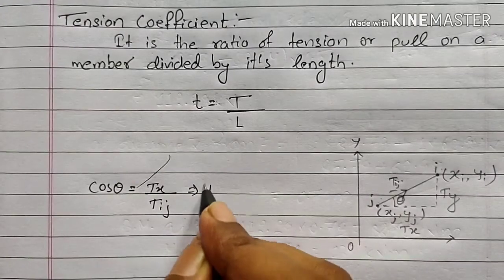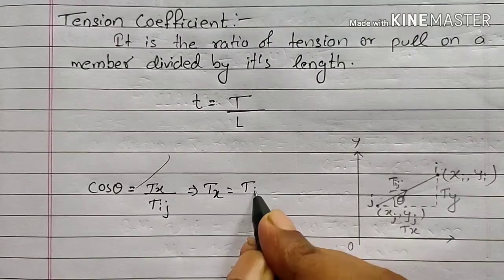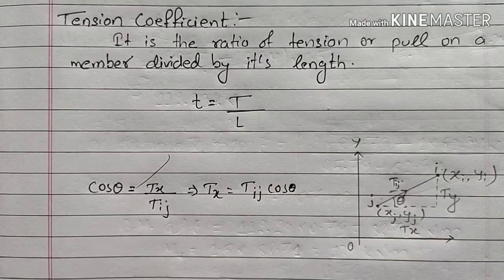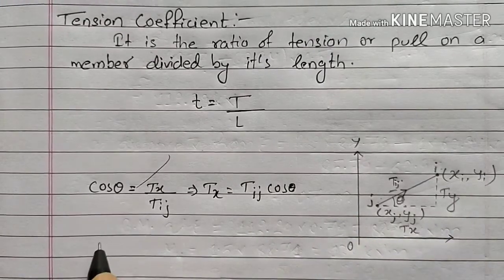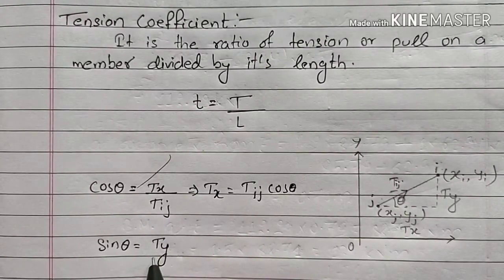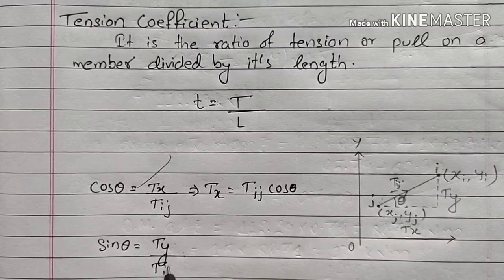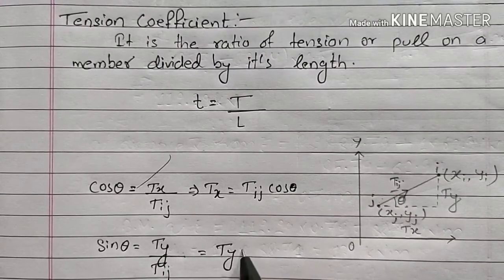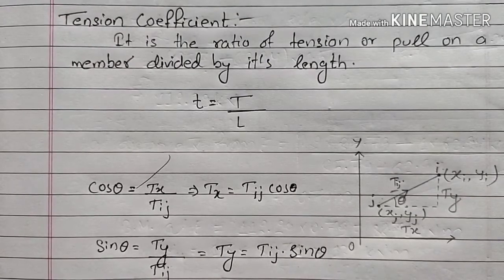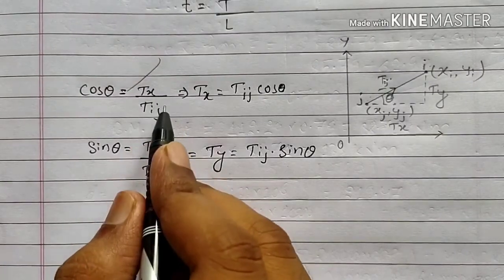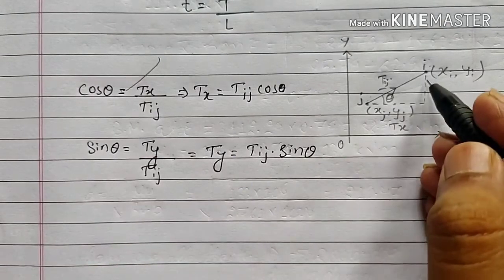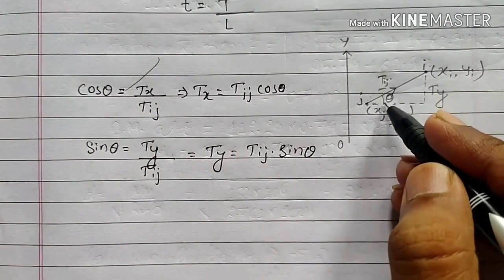So from here we will have Tx equals Tij cos theta along x direction. Similarly, along y direction we will have sin theta equals Ty upon Tij, and on solving this we will have Ty equals Tij into sin theta. Here for cos theta this is b and this is h, and for sin theta this is p and this is h, as our reference angle is theta.